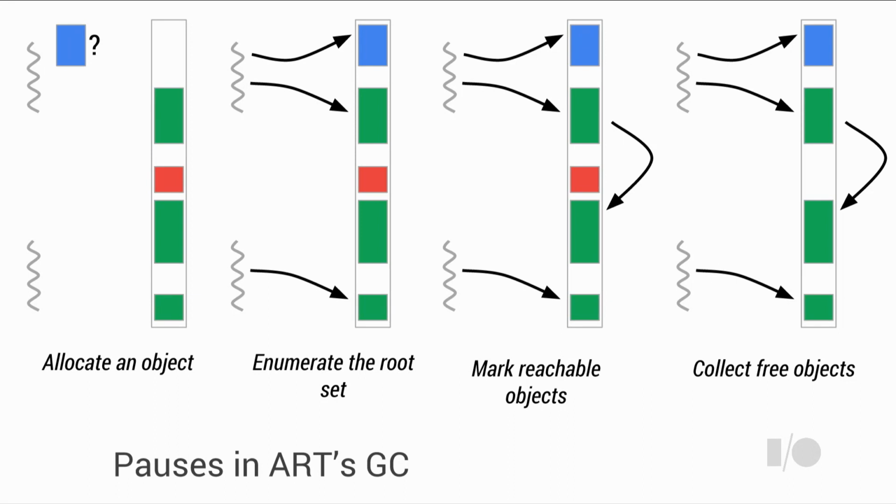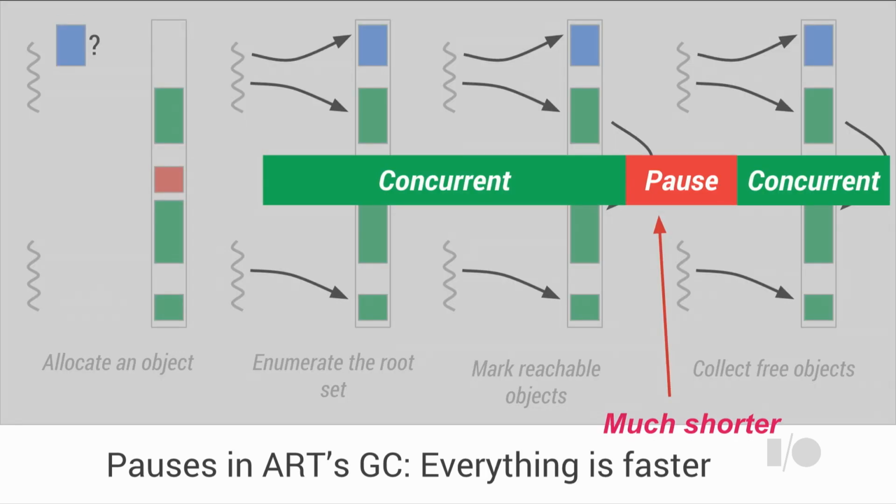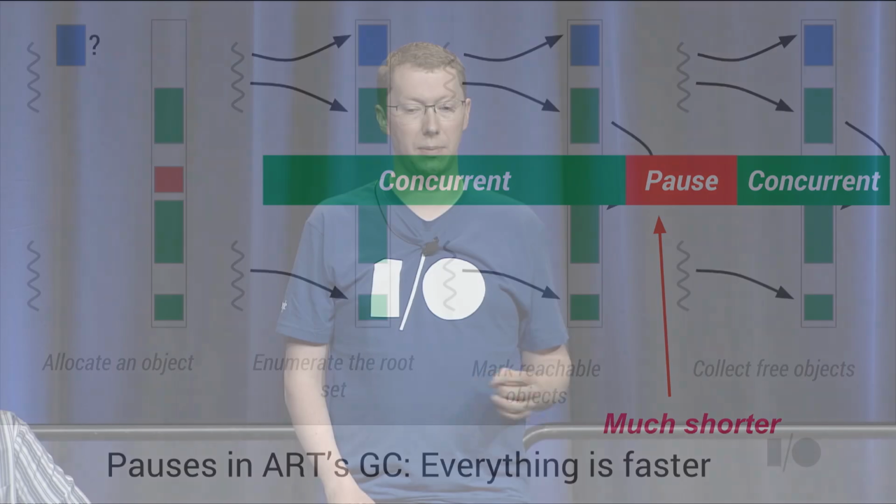So what do pauses look like in ART's garbage collector? Going back to the earlier graphic, we've got rid of the first pause. What we do to create this initial set of objects that the garbage collector needs to traverse is the garbage collector requests that the applications go and mark their own stacks. So this is a very short thing for the application threads to do, and after they've done it, they can carry on running. So there's no need to suspend all of the application threads.